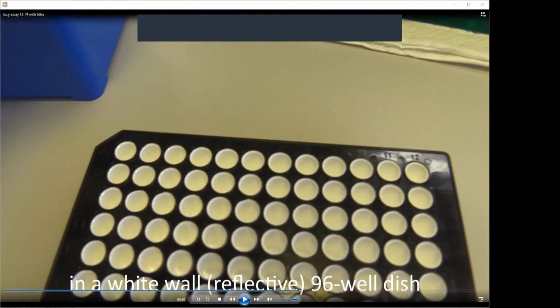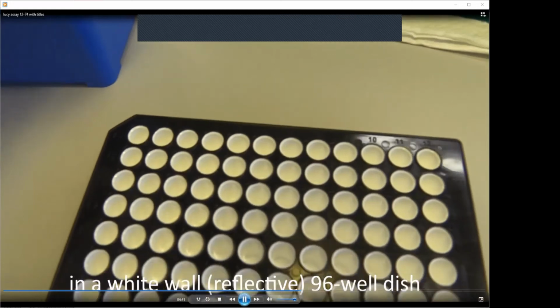Second thing is, if you have a very, very strong signal, and if you would use a translucent plate, then the signal goes to the neighboring wells as well and would affect the measurement. Because of these painted colored walls, it is not possible. The only disadvantage is that these plates are fairly expensive, so we have to reuse them.